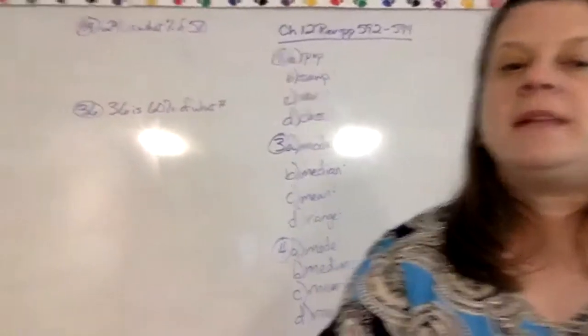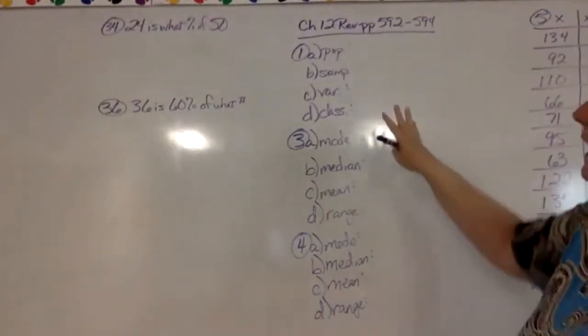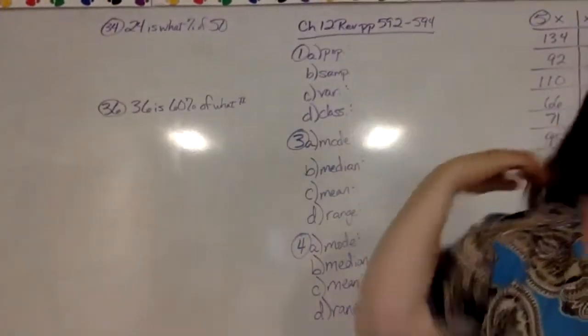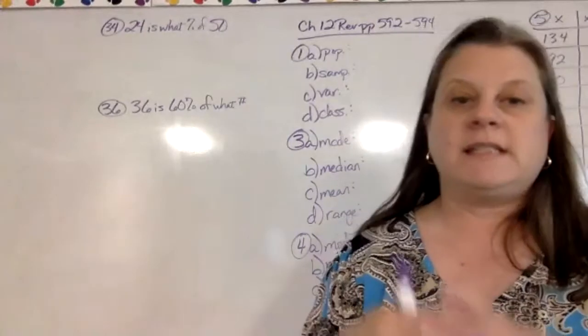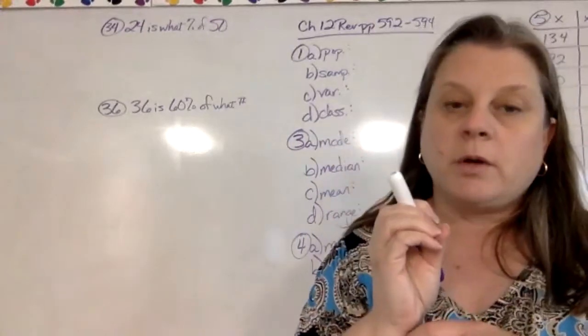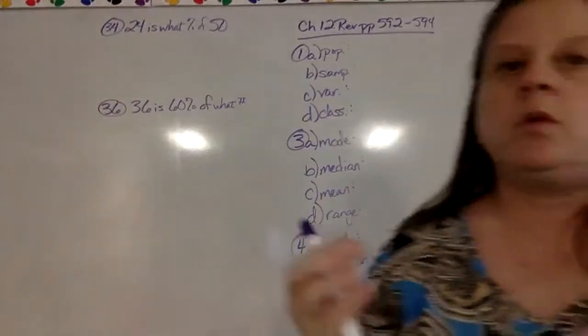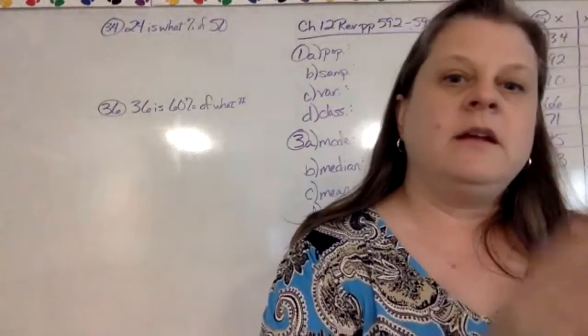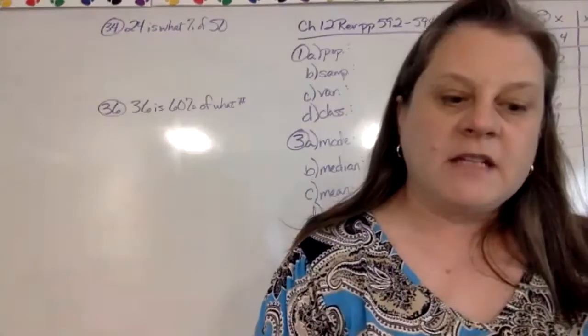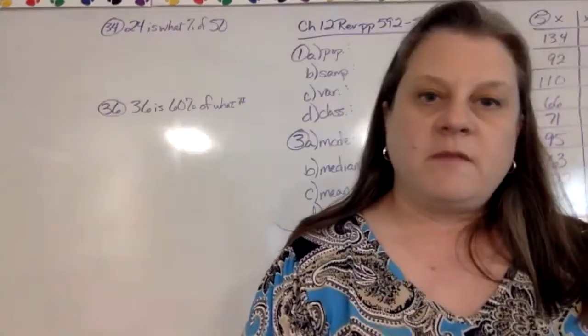Okay, so our basic statistics dealt with population, which is your entire group, sample, which is the part of the group, the variable, what is being looked at or what is being asked, and then the classification, what type of information are they getting?